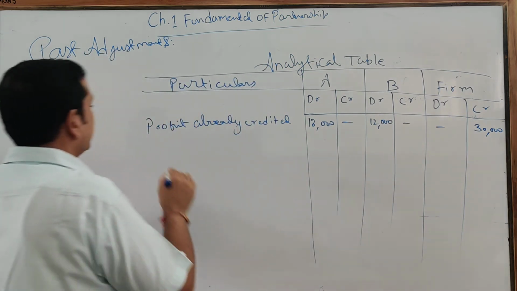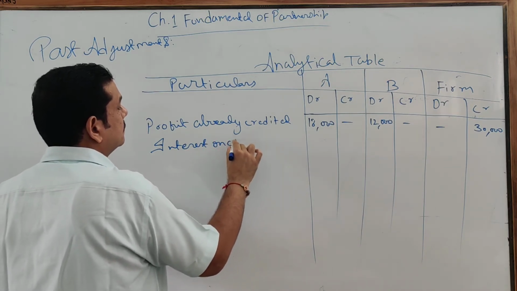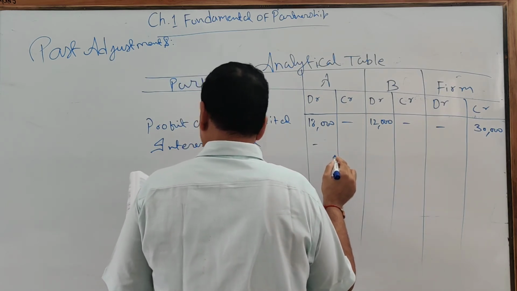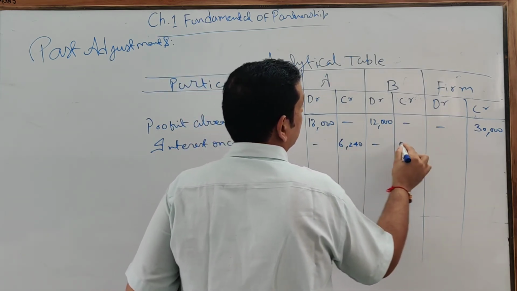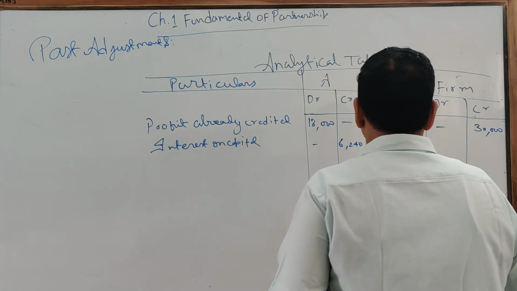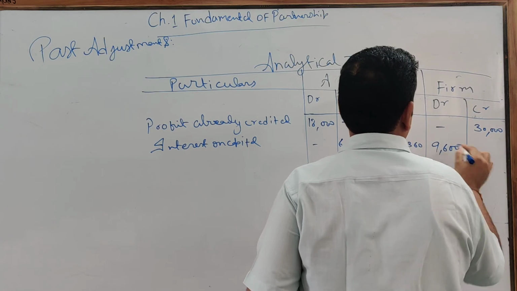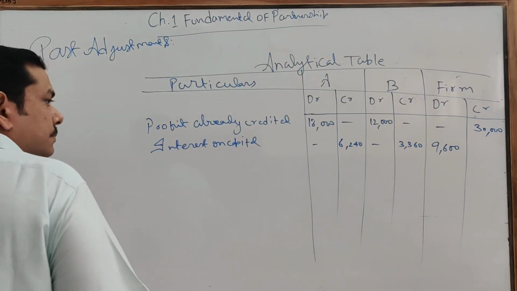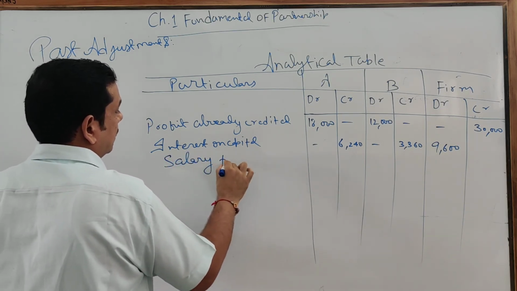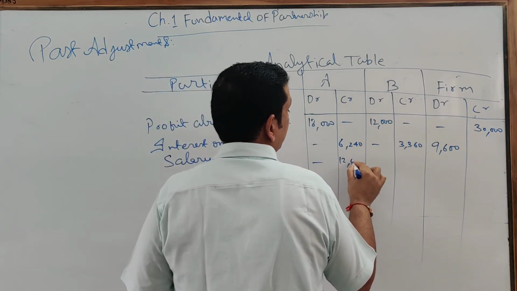Okay. Now interest on capital. This is an income, so this will come to the credit side, that is 6240 and 3360. This will come to the debit side, 9600. Salary to A is 1000 per month, so this comes to 12,000 for a year.